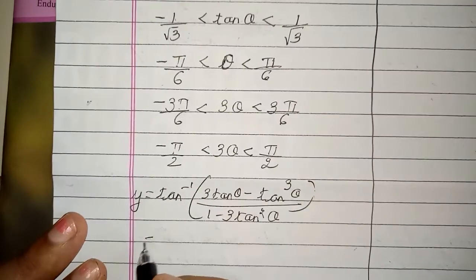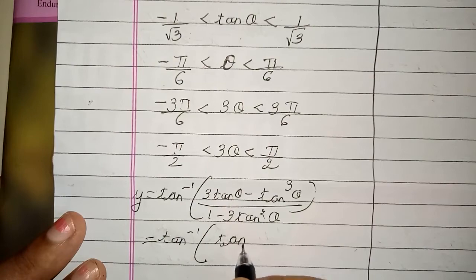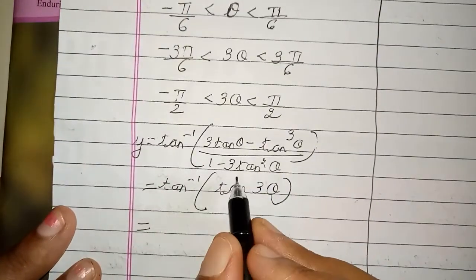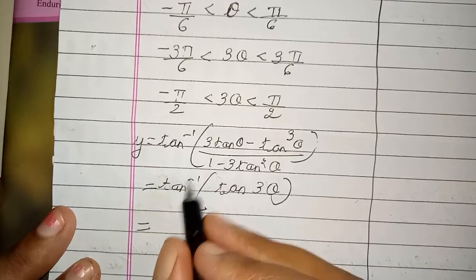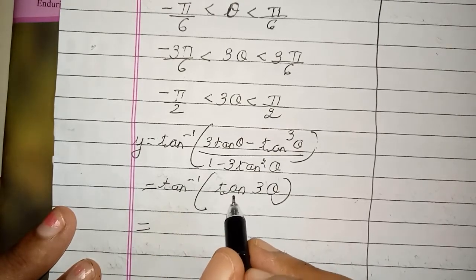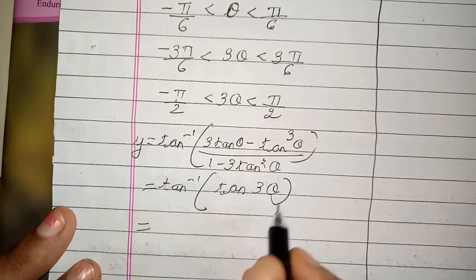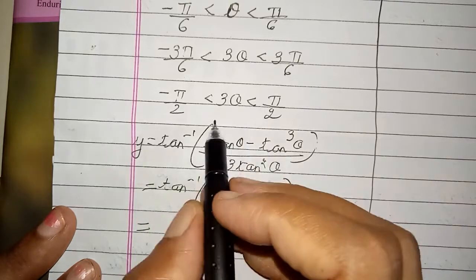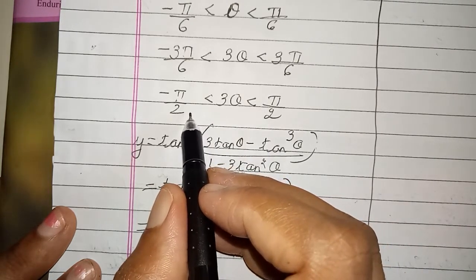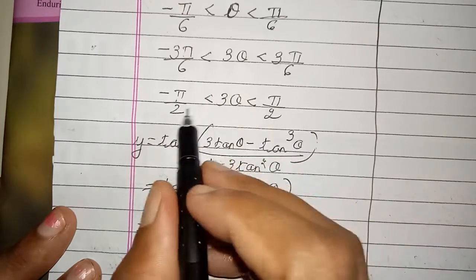Okay. So in this step, what will happen? In the next step, when I write tan 3 theta's formula, the next step will be cancelling of tan inverse and tan, because I did so many adjustments to get rid of my inverse trigonometric function. At that time I have to make sure that if tan inverse is to get cancelled with tan, the value falls within the range of tan inverse, which is the open interval minus pi by 2 to pi by 2, which is true here.